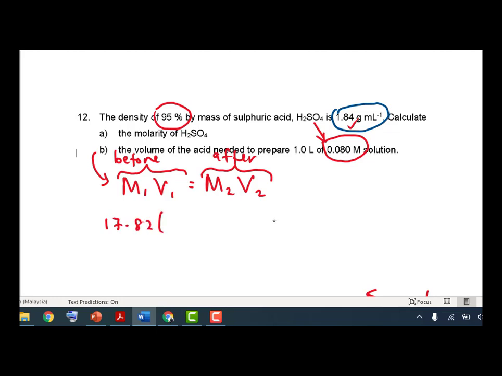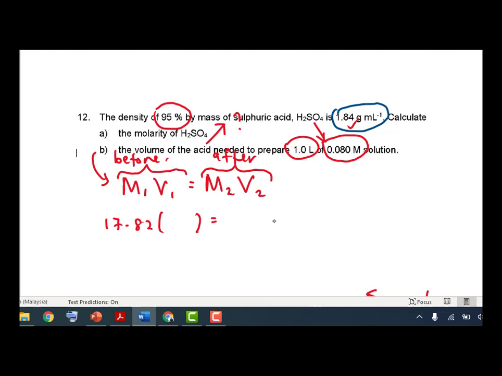What is the volume? You have to find the volume of acid needed to prepare. So how much do you take from the stock solution in order to prepare this 1 liter of 0.08 molar dilute solution? Before dilution, it is very concentrated. After the dilution, it is only 0.08 molar.